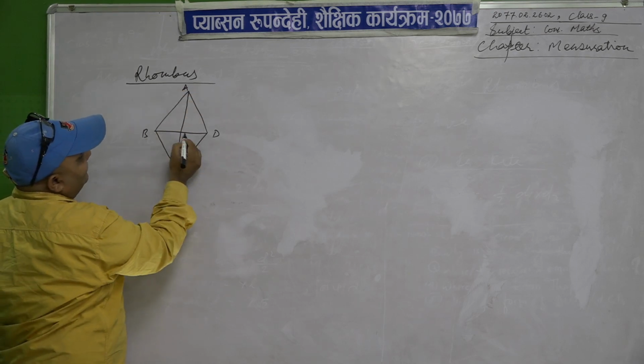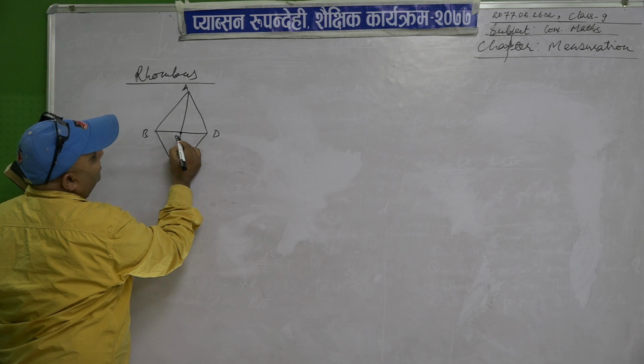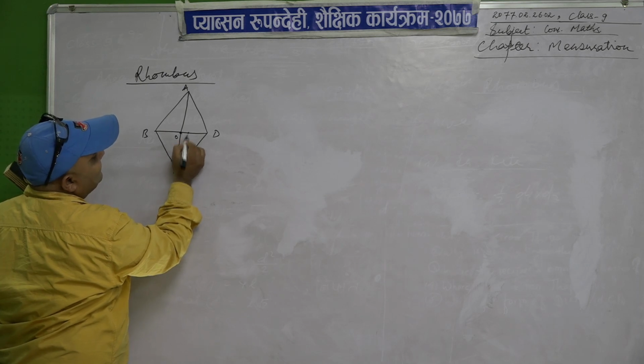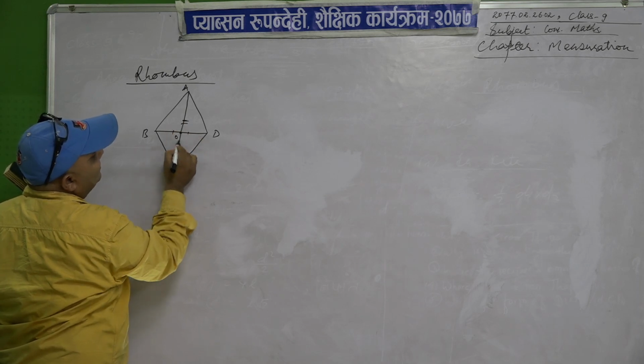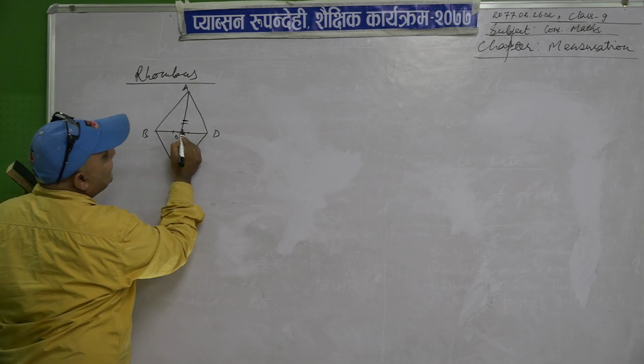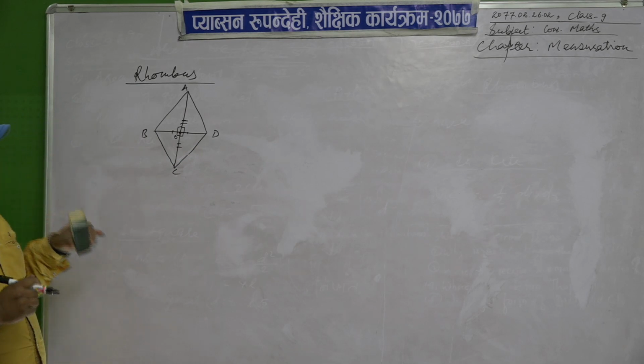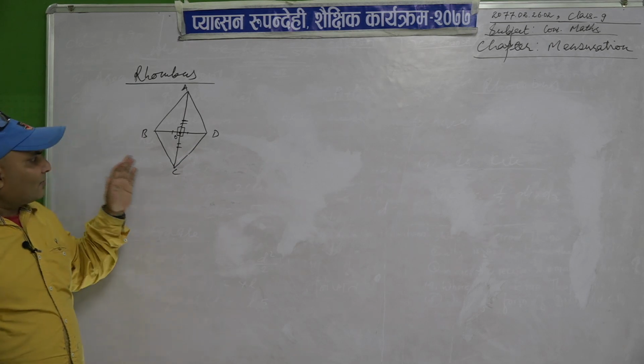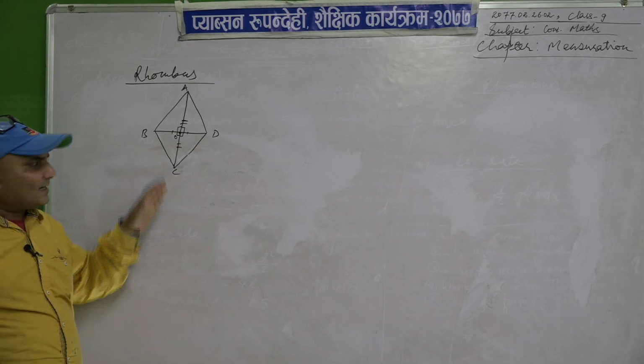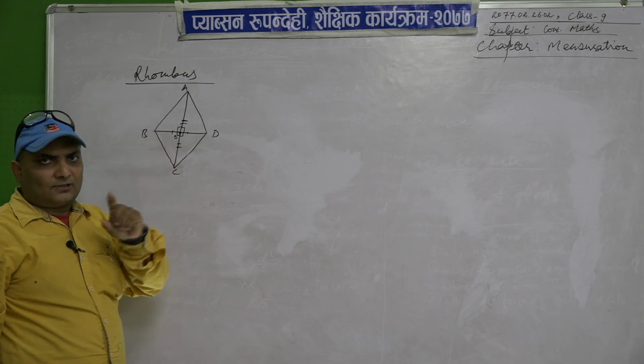The diagonals bisect each other here, suppose at O. Bisect means this equals this and this equals this, and bisect at right angle means this angle is 90 degrees. This is one property of rhombus, that the diagonals bisect each other.